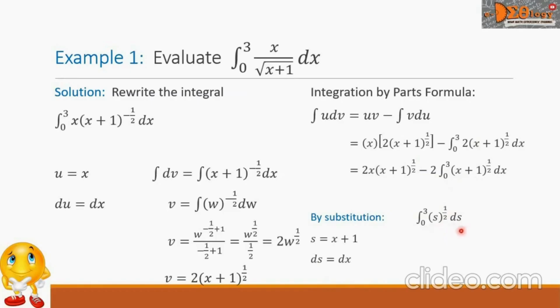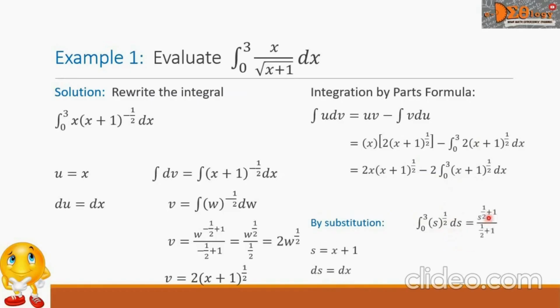Using our power rule again, we have s raised to 1/2 plus 1 over 1/2 plus 1. This 1/2 plus 1 is 3 over 2. So we have s raised to 3 over 2 all over 3 over 2.